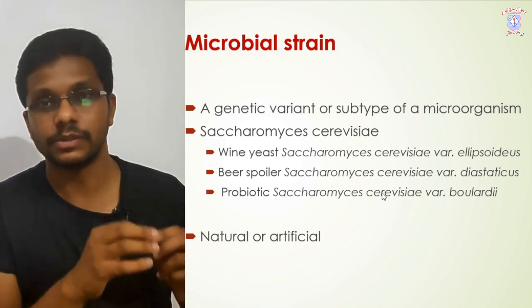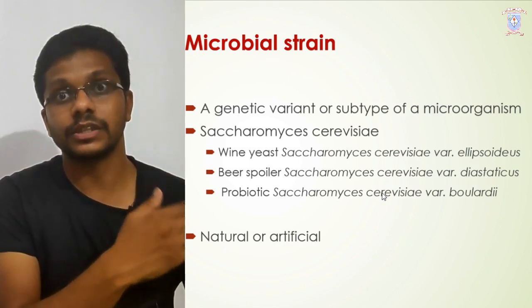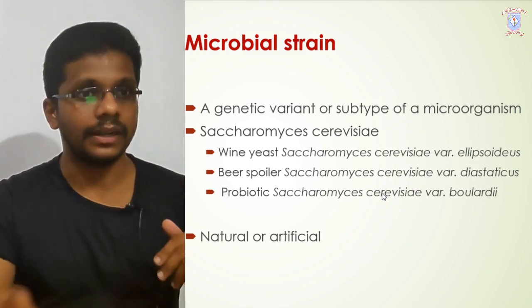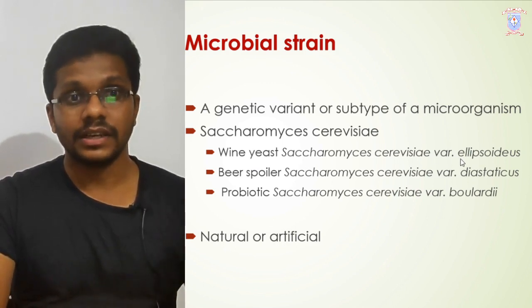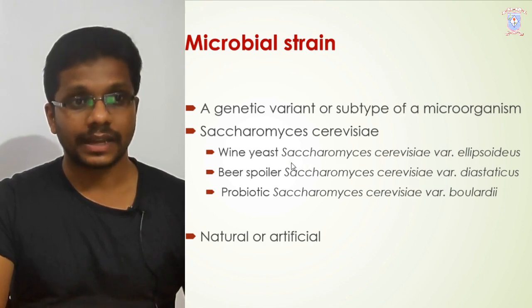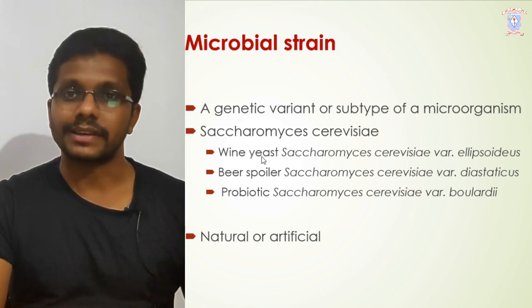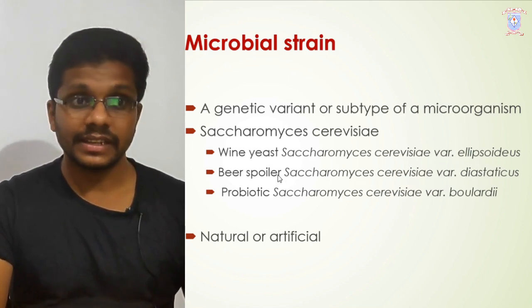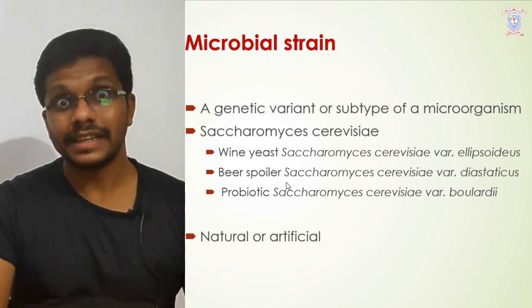Of course, we are using the same species, Saccharomyces cerevisiae, but different variants are used for different purposes. For example, Saccharomyces cerevisiae var ellipsoides, var stands for variety, is used for wine making. Another variety, Saccharomyces cerevisiae var diastaticus, is a beer spoiler.